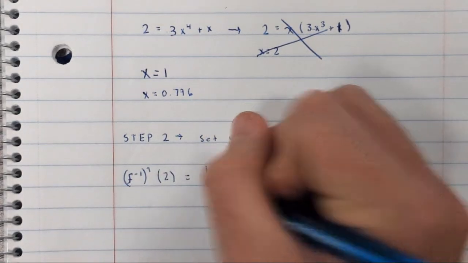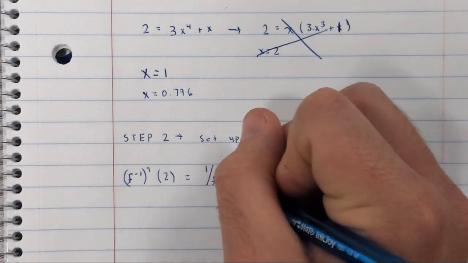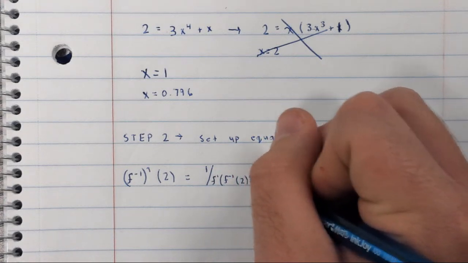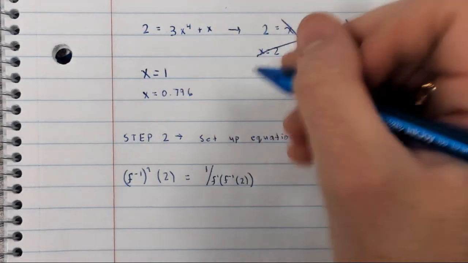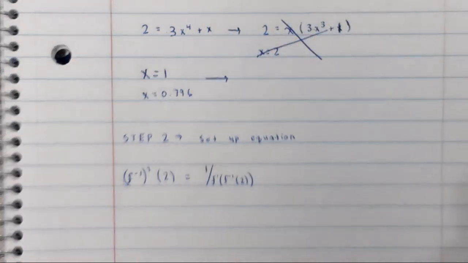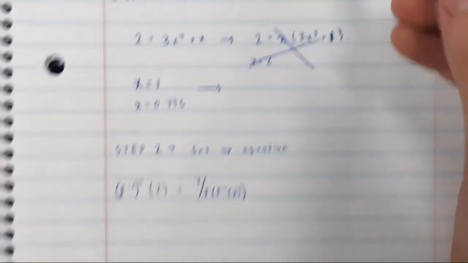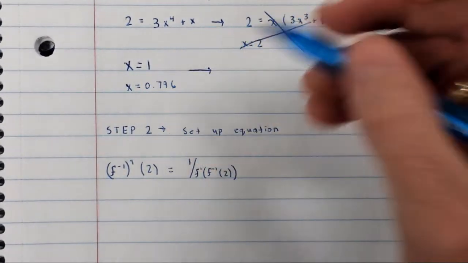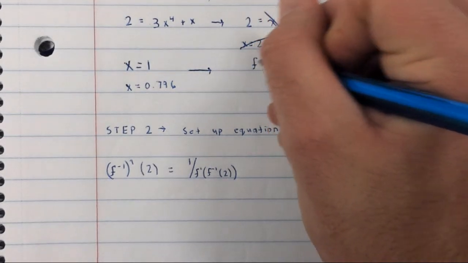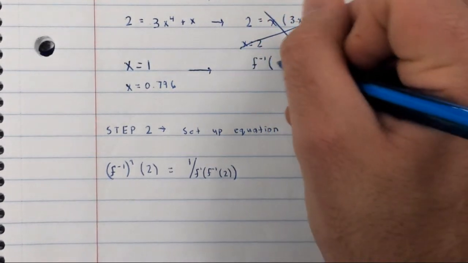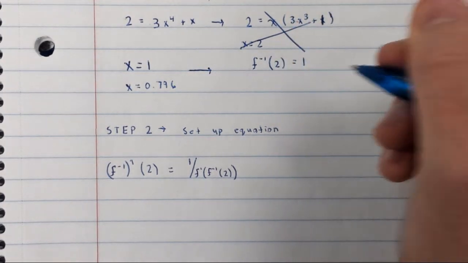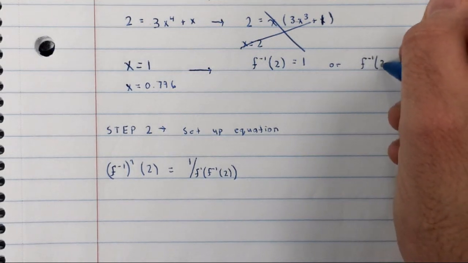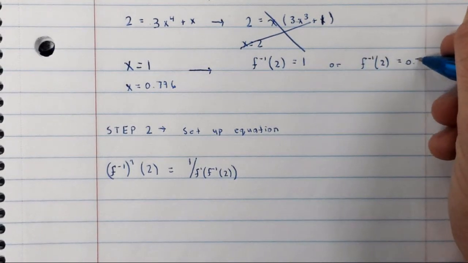This is equal to 1 over f prime of f inverse at 2. Okay, well this up here told me an important piece of information. Using this inverse, because that's my y value, from my x. So f inverse at 2 is equal to 1, or f inverse at 2 is equal to 0.796.